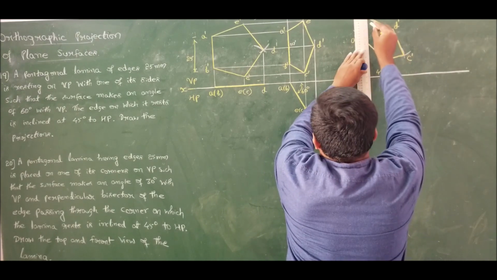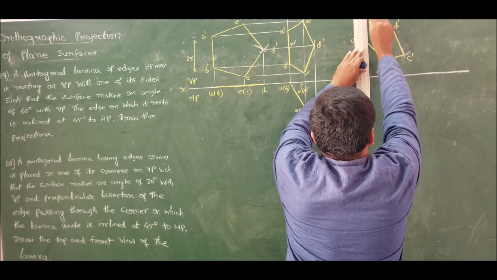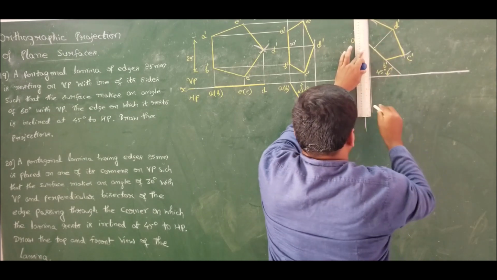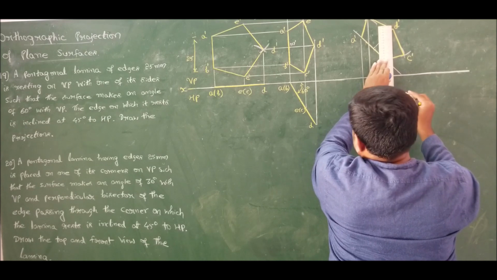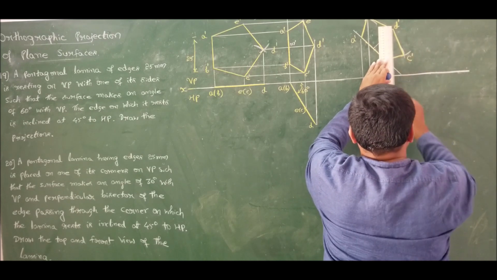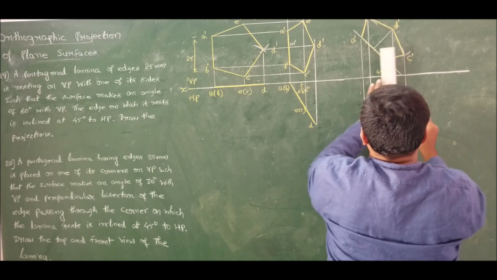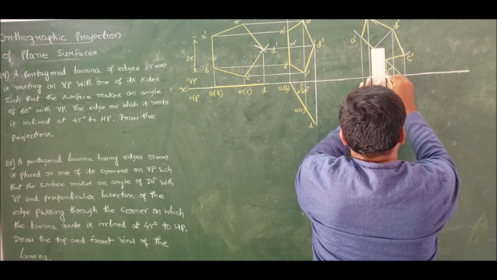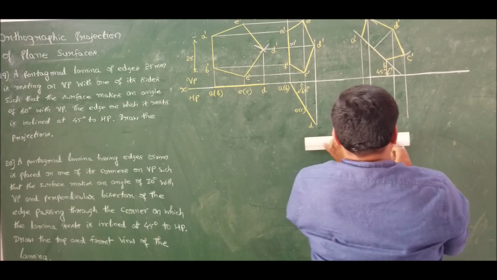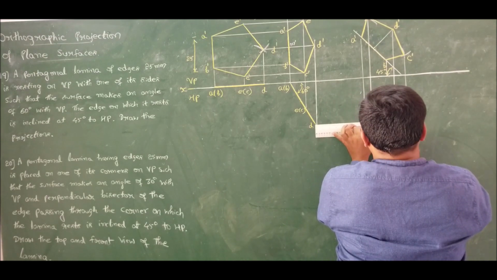A, this is E, and we have D, then we have C, and we have B. Correct? D is still the end.